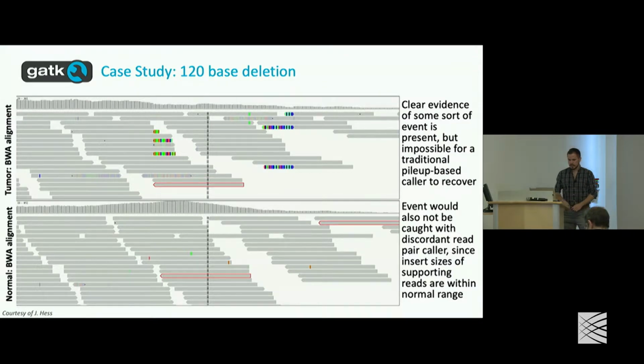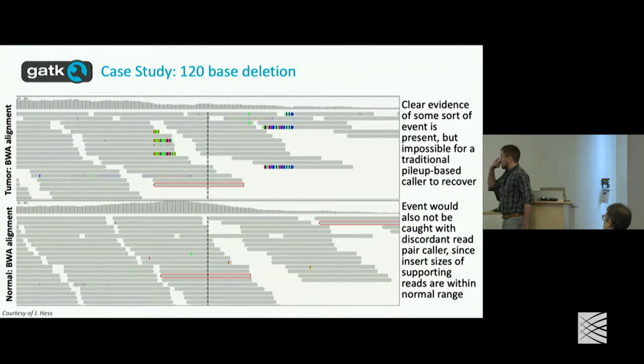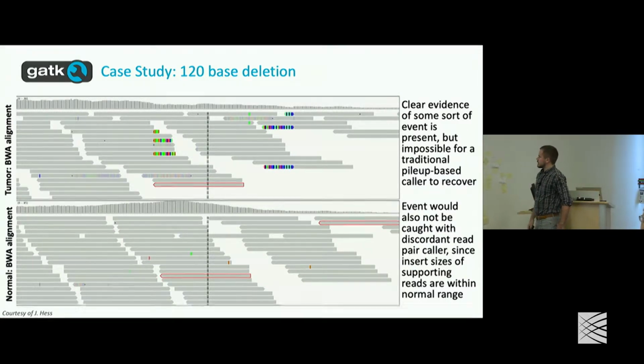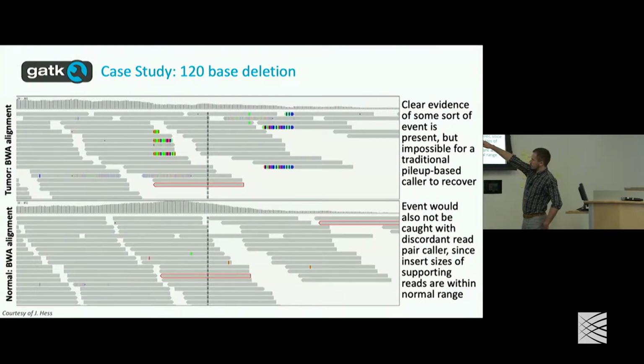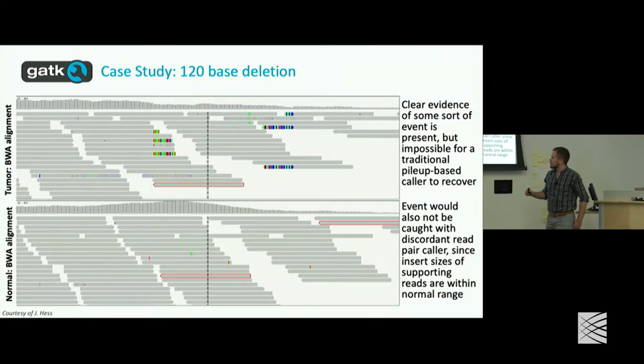So this is an example of when the machinery of the HaplotypeCaller helps us a lot in determining indels. This is an example of a particular event where we have a 120 base pair deletion. When we align the reads to the reference, everything in gray matches the reference exactly, and then we have a lot of mismatches at some ends of those reads.